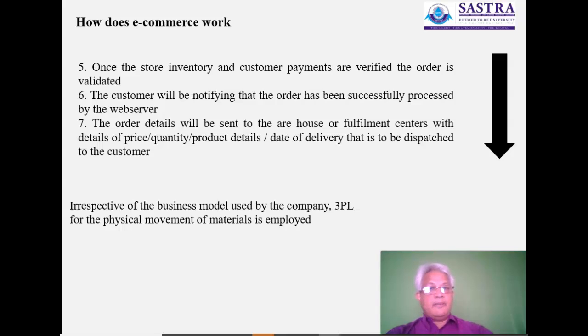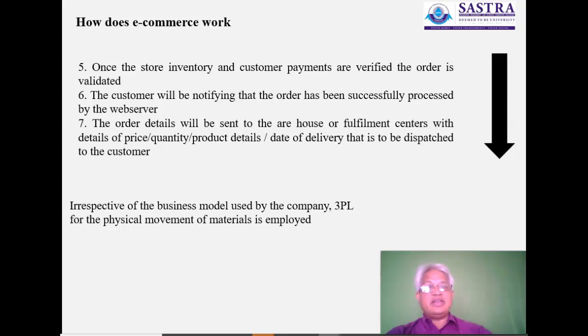So the entire system needs to get validated. Only then the customer will be notified that the order has been successfully processed by the web server. I'm sure as an individual, whenever you have purchased, you will get the message either through email or on your mobile phone through SMS. So this happens typically only after the order is validated.